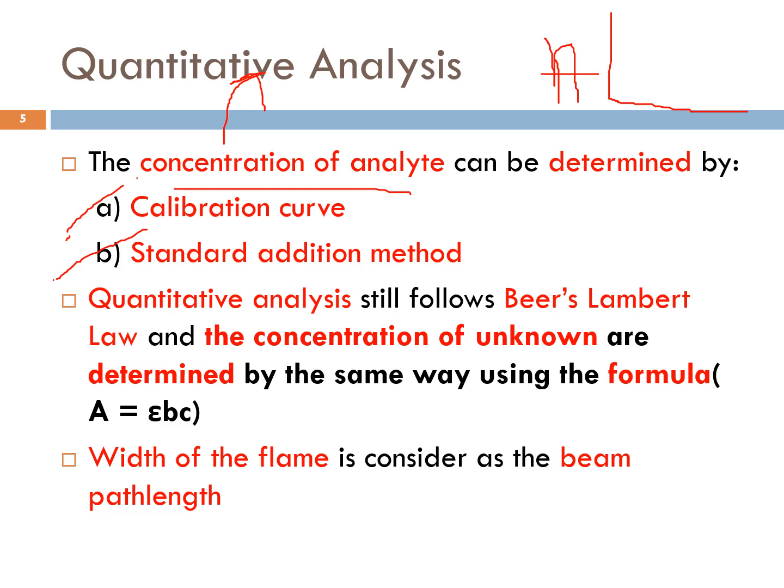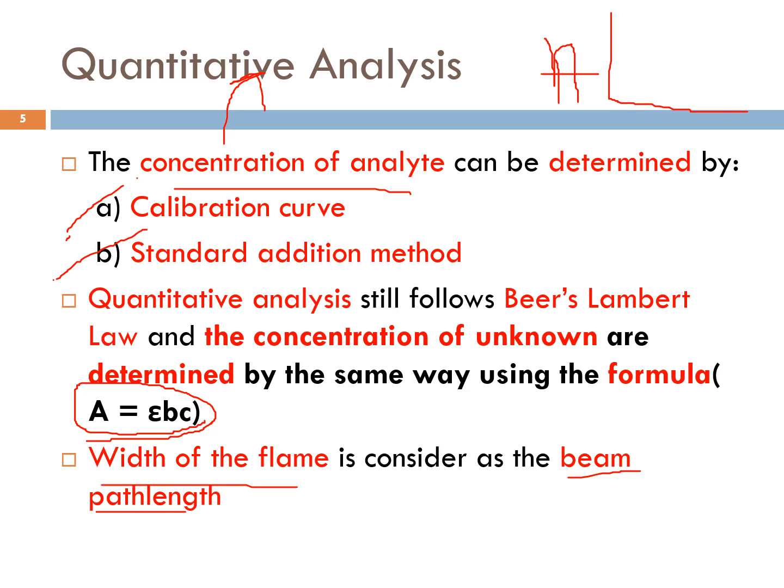Okay, the quantitative analysis follow Beer-Lambert law, and the concentration of unknown are determined by the same way using the formula A equal to epsilon darab B darab C. And in this case, your sample is inside the flame. So the beam path length, kalau dulu dalam UV adalah width of the cuvette, tapi dalam AAS ia adalah width of the flame.